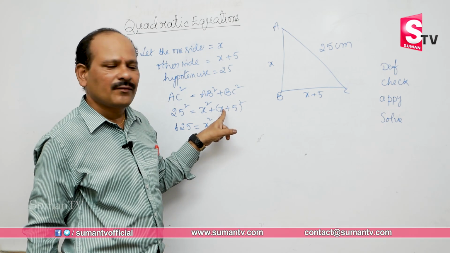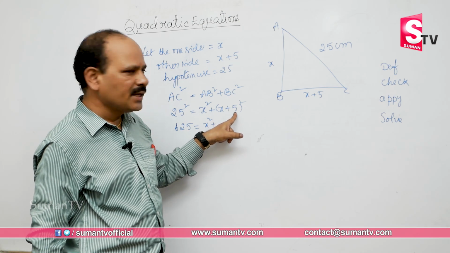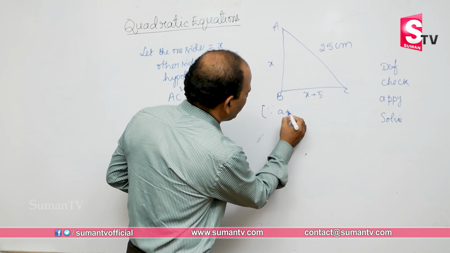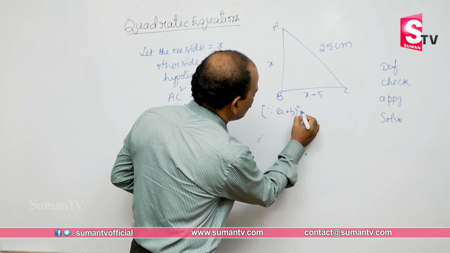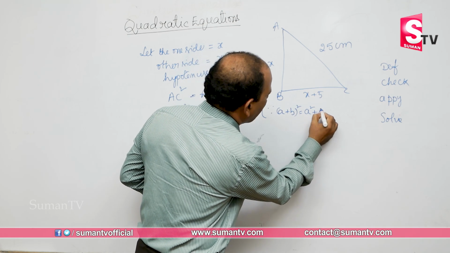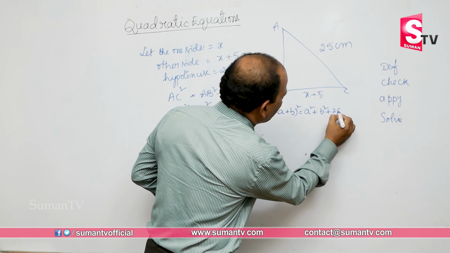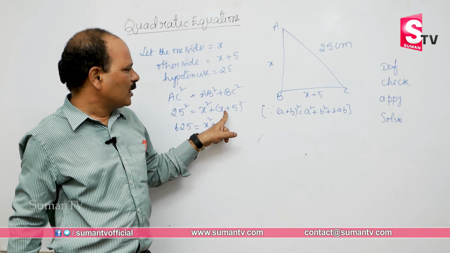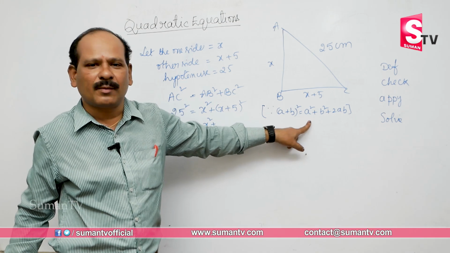This is in the form of a plus b whole square. So a plus b whole square is equal to a square plus b square plus 2ab. So we have to expand the term by using the formula.